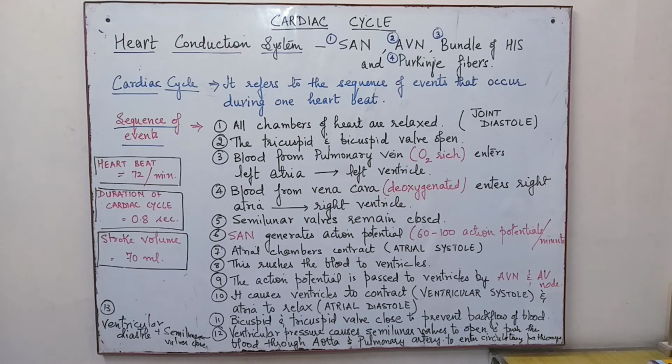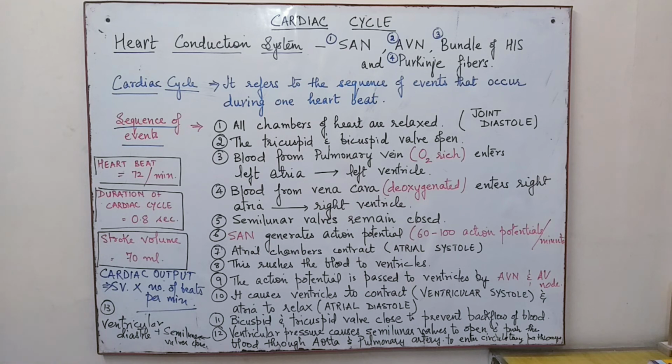And we can calculate the cardiac output also. Cardiac output will be the stroke volume multiplied by the number of beats per minute. So stroke volume into number of beats per minute gives us the cardiac output.